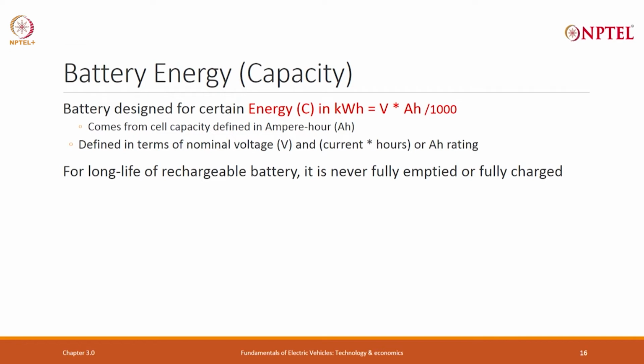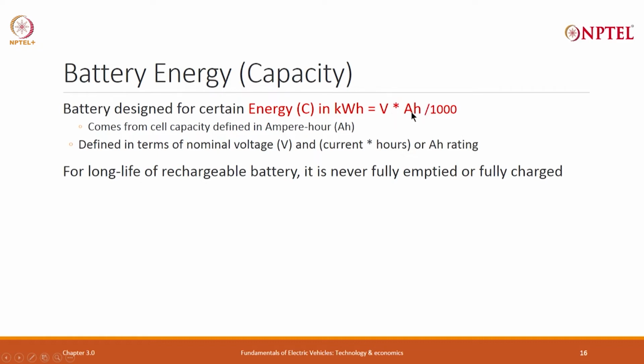The battery capacity in kilowatt hour depends on the voltage, what is the voltage that it will operate at, and the ampere hour. Ampere hour is how much ampere for how much time. You have to multiply that. The energy is therefore voltage into ampere hour, that will be watt hour. If you want kilowatt hour, you have to divide it by 1000. So, this is important: V into Ah divided by 1000.